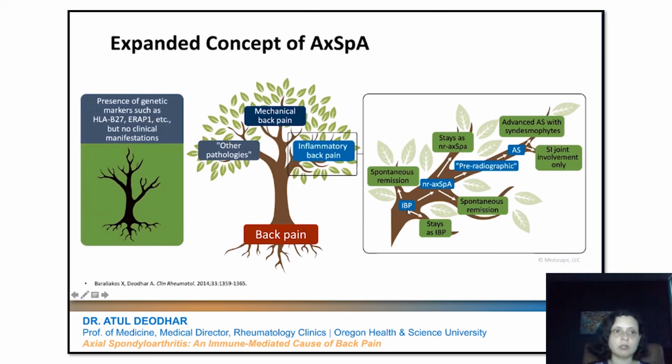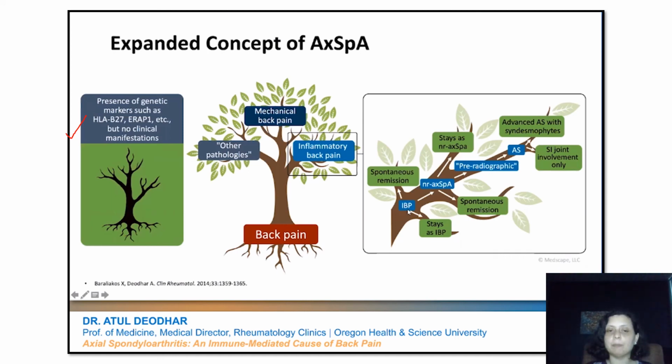So let's first concentrate on this panel. So there are about 6% of people in the US population, that's a big number, right? That have this gene marker present for HLA-B27. But they don't have any clinical manifestations, right? So they have the genetic markers, but no clinical predisposition, right?